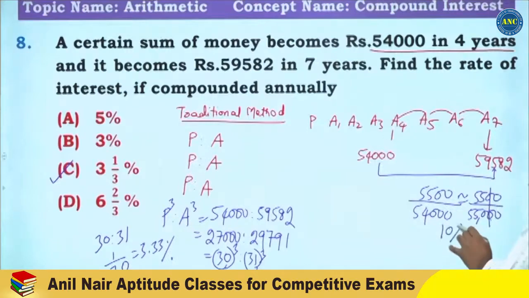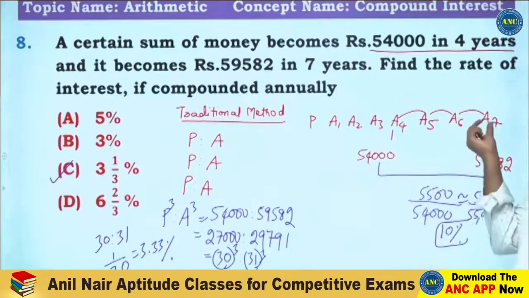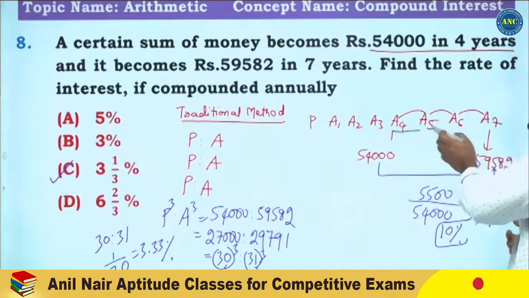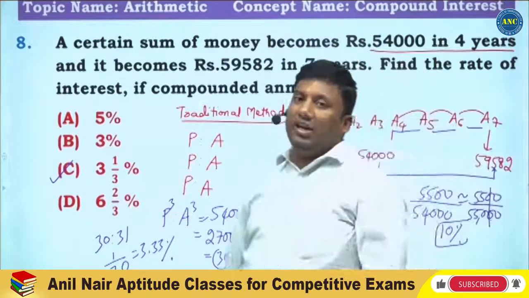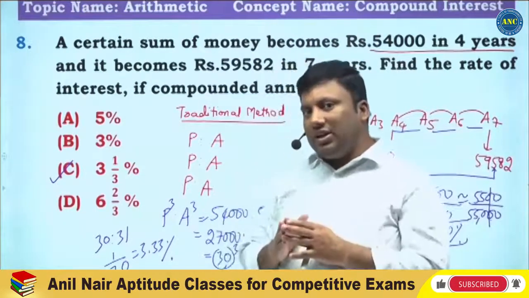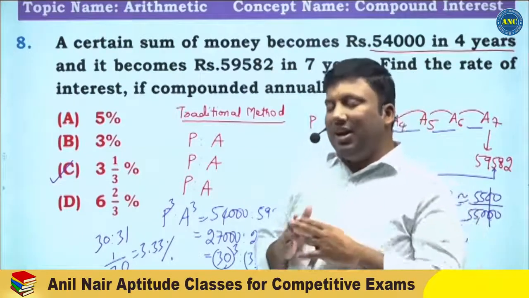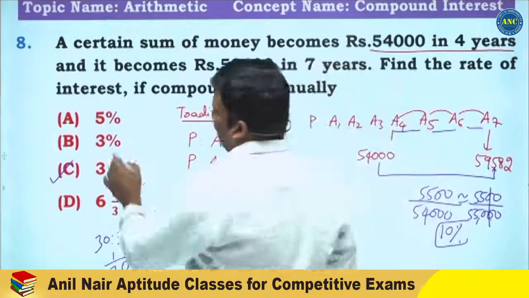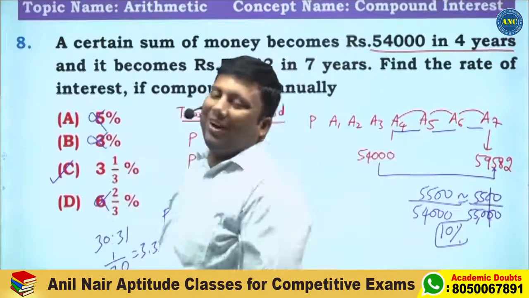The answer should be just close to 10 percent. Yes or no? 10 percent divided into 3 equal intervals. Each interval is greater than 3 percent. Finish. 10-second approach to solve the problem. Are you all with me?